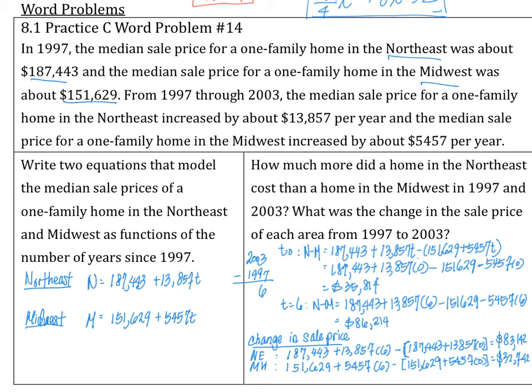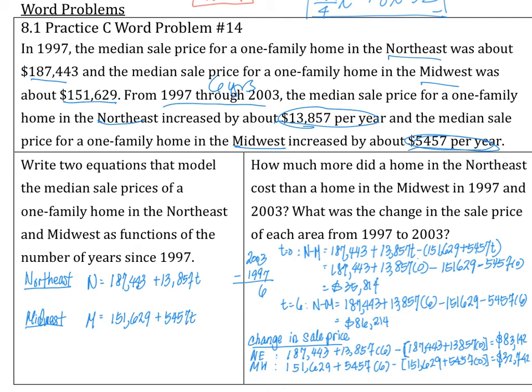From 1997 through 2003, which is a period of 6 years, the median sale price for a one-family home in the Northeast increased by about $13,857 per year. So this is the rate of increase for the Northeast. And the median sale price for the other family in the Midwest increased by about $5,457 per year. So this is the rate of increase for the Midwest.